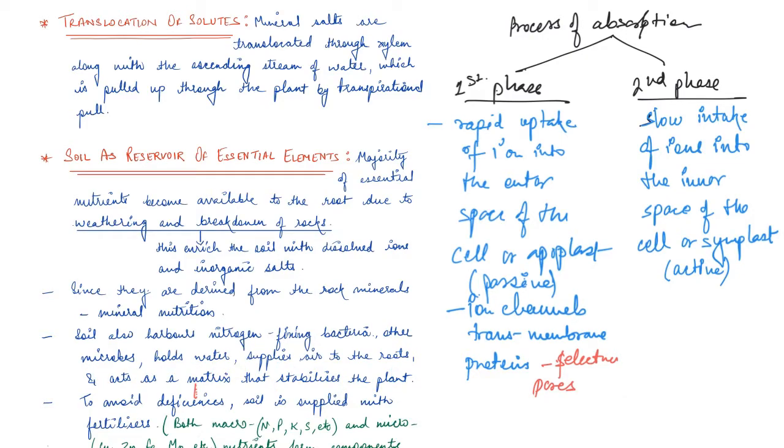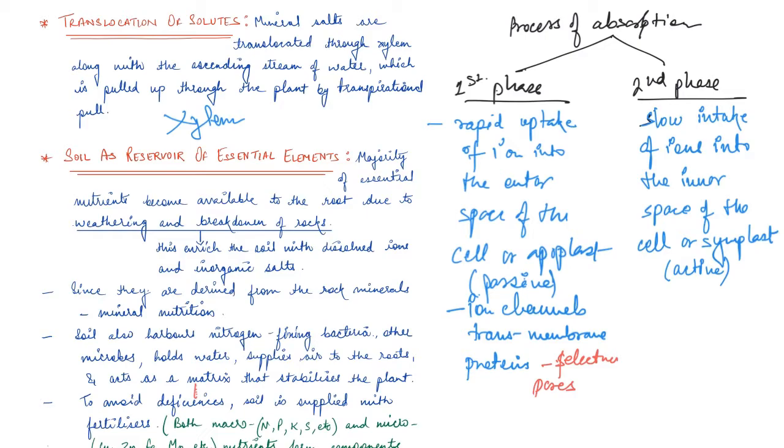Translocation of mineral salts: these mineral salts are translocated through the xylem, along with the ascending stream of water which is being pulled up by the plant through transpirational pull. Anyway, we studied in the last chapter that the water is being pulled in the ascending direction by the plant itself through transpirational pull.